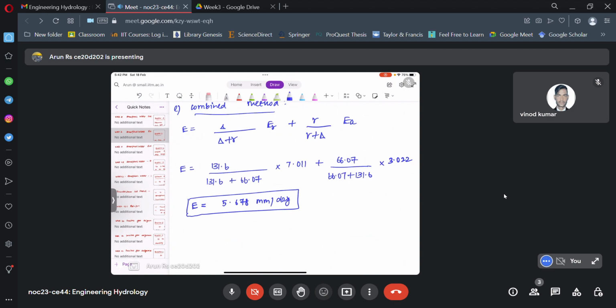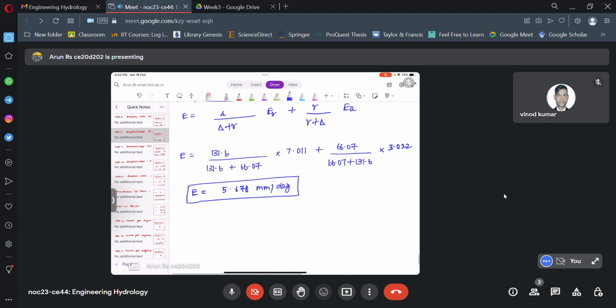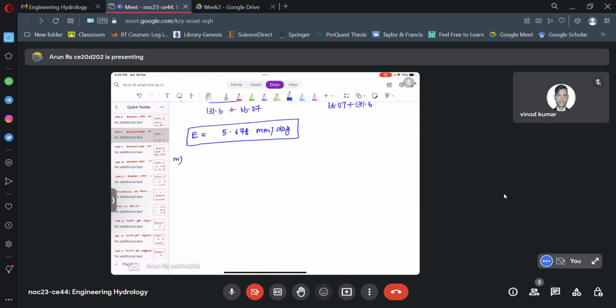So the last part of the question is estimation of the reference crop evapotranspiration. All the above things are just evaporation. So this is evapotranspiration.